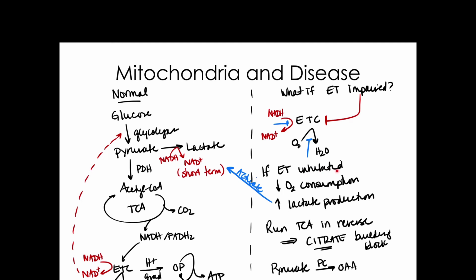So if we inhibit electron transport, we'd expect that oxygen consumption would drop, and we'd have to increase the production of lactate, because this now becomes the main pathway for regenerating NAD+. Again, if we now don't run the citric acid cycle in a clockwise direction, but run it in reverse, that allows us to generate citrate. And as we'll see in upcoming learning units, generating citrate is an important building block when exported out to the cytosol for synthesizing a lot of important metabolites.